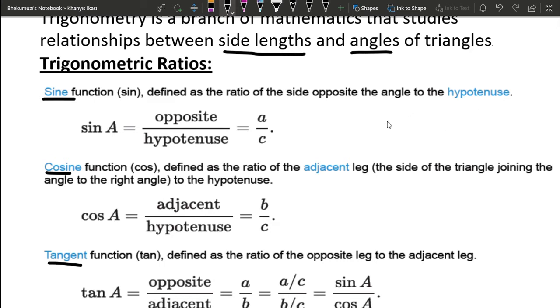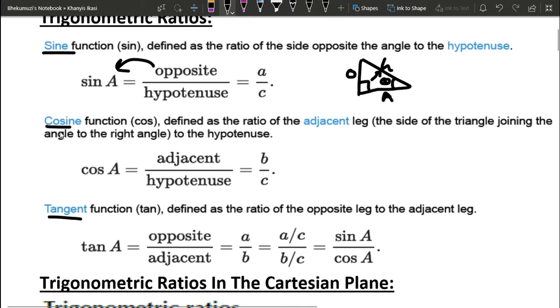If I draw a small right-angled triangle here, the hypotenuse is the side opposite the 90 degrees, which is also the longest side. There's the opposite side, and there's the adjacent side, and there's the angle over there. So the opposite side divided by the hypotenuse is the sine function.